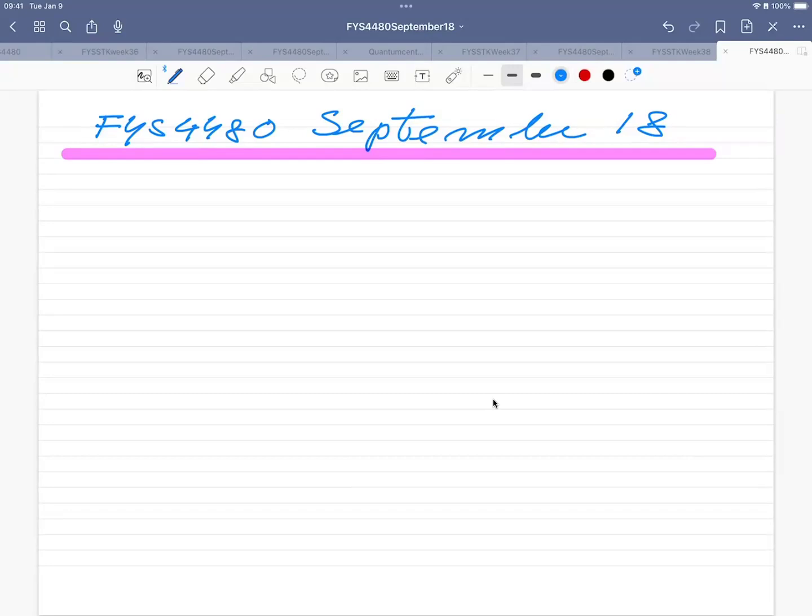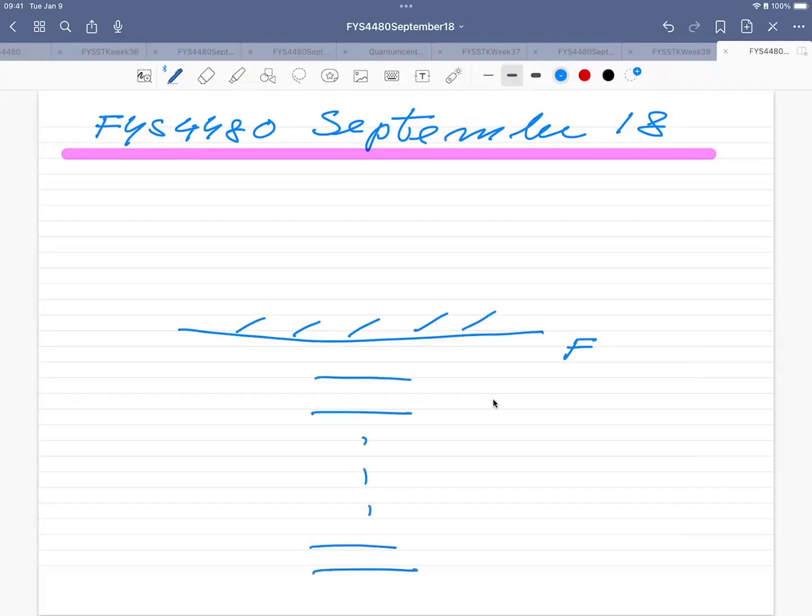The basic physical situation which we have looked at till now is that we have a set of states. We define a Fermi level. You can think of this as an ansatz for modeling the system. And you have a set of states here, which we could label as 1, 2, up to n minus 1. So we have n particles in total.